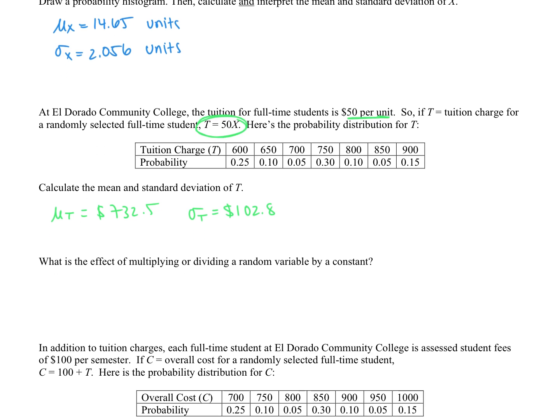So that leads us to this first piece. What is the effect of multiplying or dividing a random variable by a constant? So we took that random variable X, we multiplied by 50. What did it do? What do you think it did to the shape? Do you think it changed the shape? Okay, shape, no change. If it were a normal distribution before, it's still a normal distribution. Now, if it were symmetric, still symmetric.